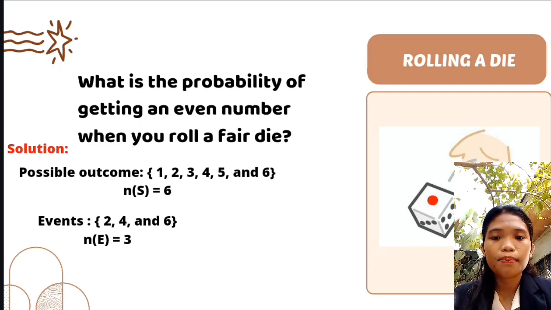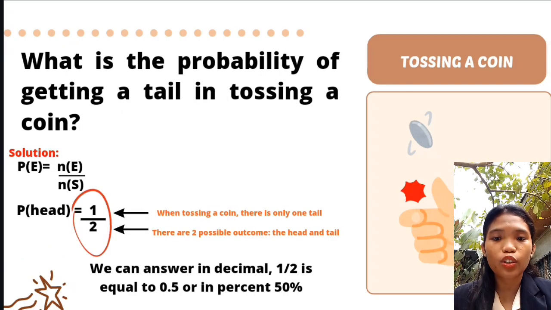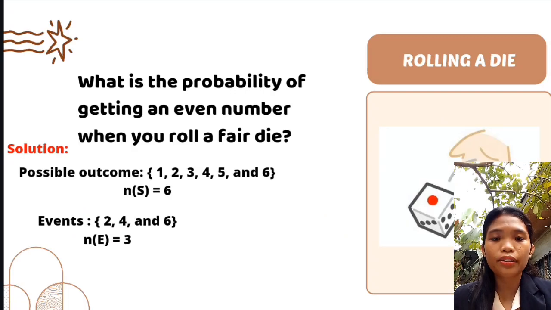So meaning there are 6 possible outcomes. Now let's proceed to the number of events. Since what we are looking for is the probability of getting an even number, there are 3 even numbers, the 2, 4, and 6. So the number of events, or the number of even numbers, is equal to 3.